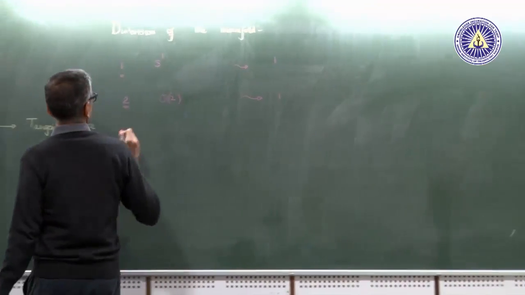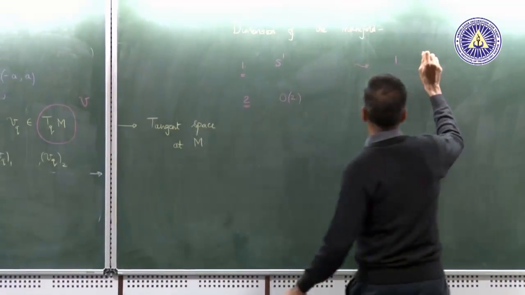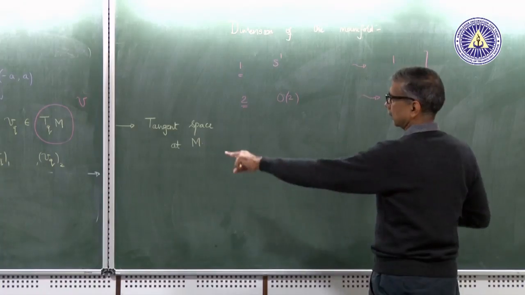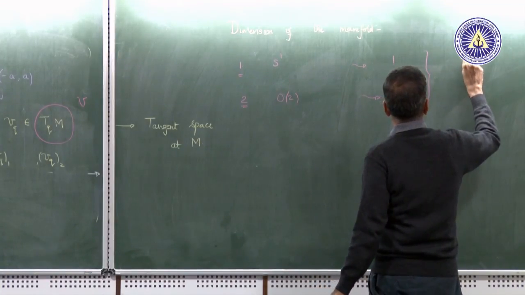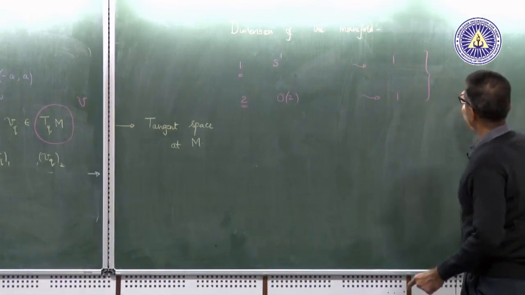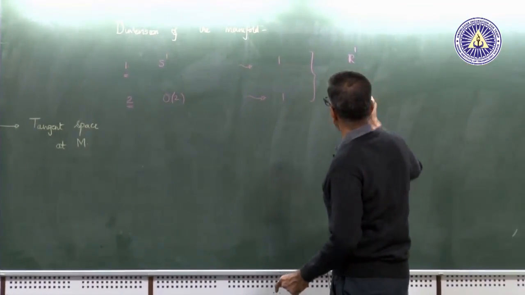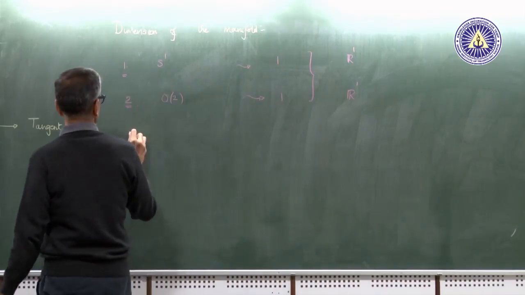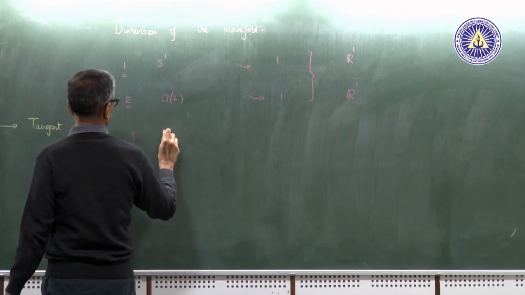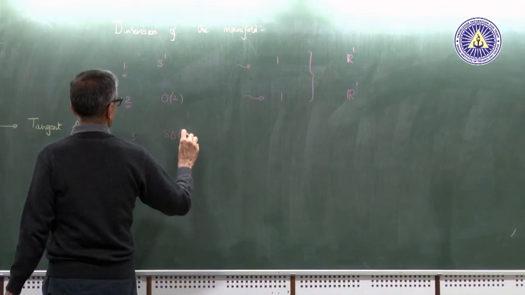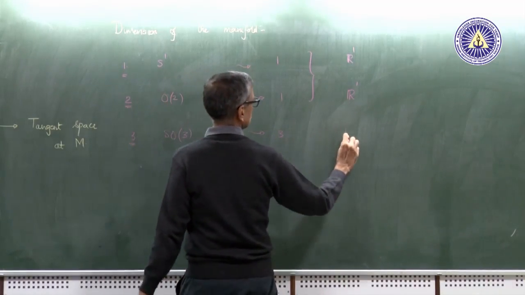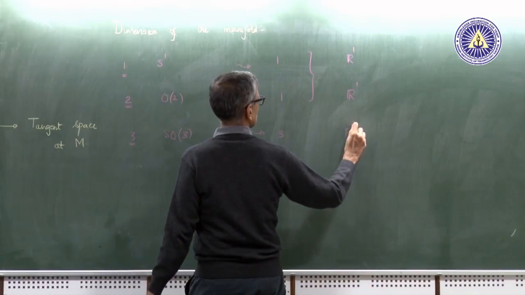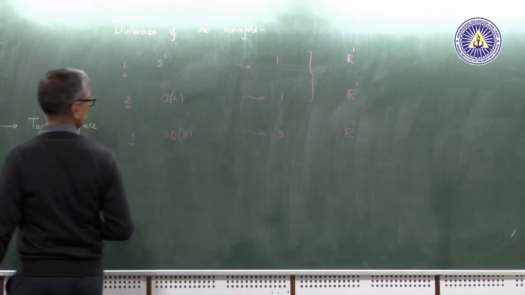Similarly, the tangent space at each point of this manifold is the real vector space of one dimension. So it is here, and in the case of SO3, it is 3.